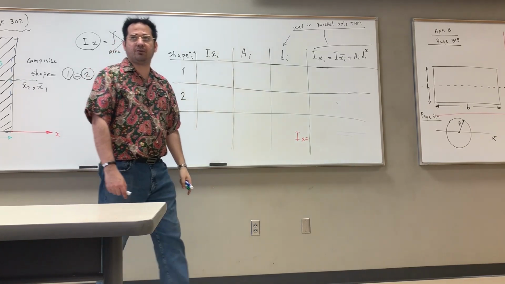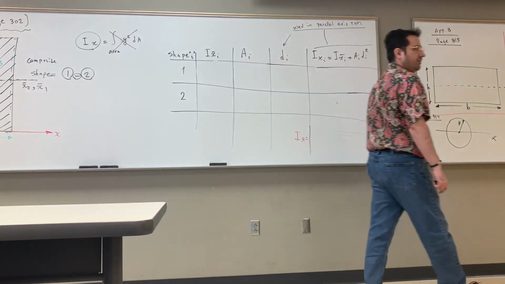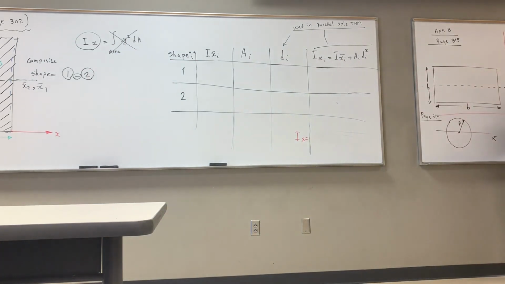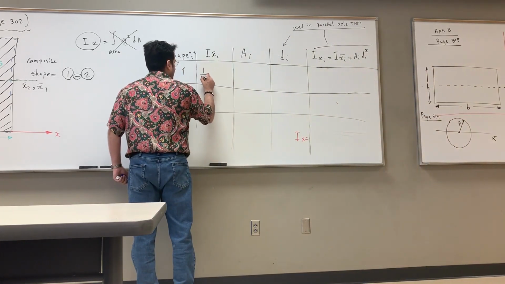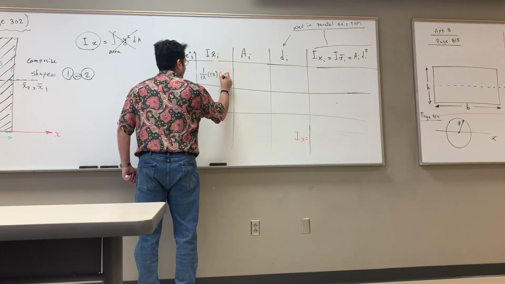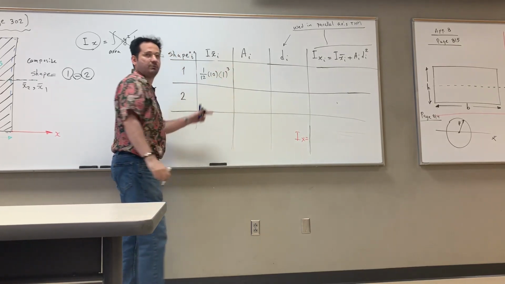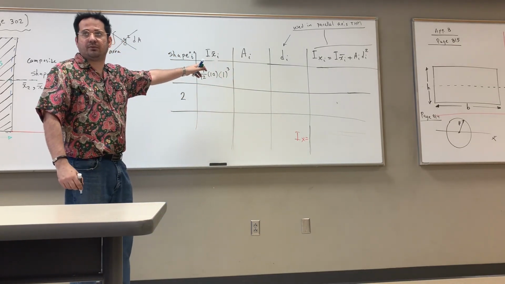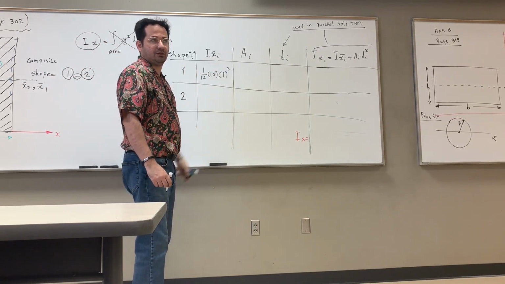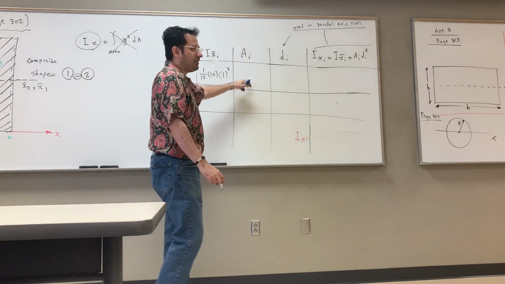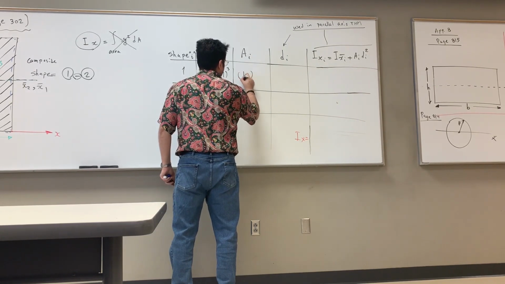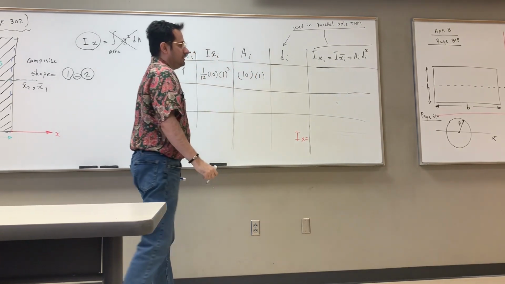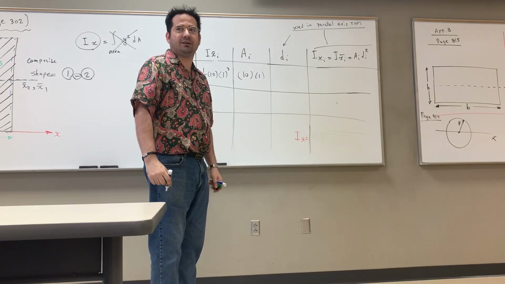You go to shape 1. Which one is shape 1? 1/12 times 10 times 1 to the third power. Let's put it here so when you go home you can double check how you got that number. Area 1, 10 times 1, and D1.